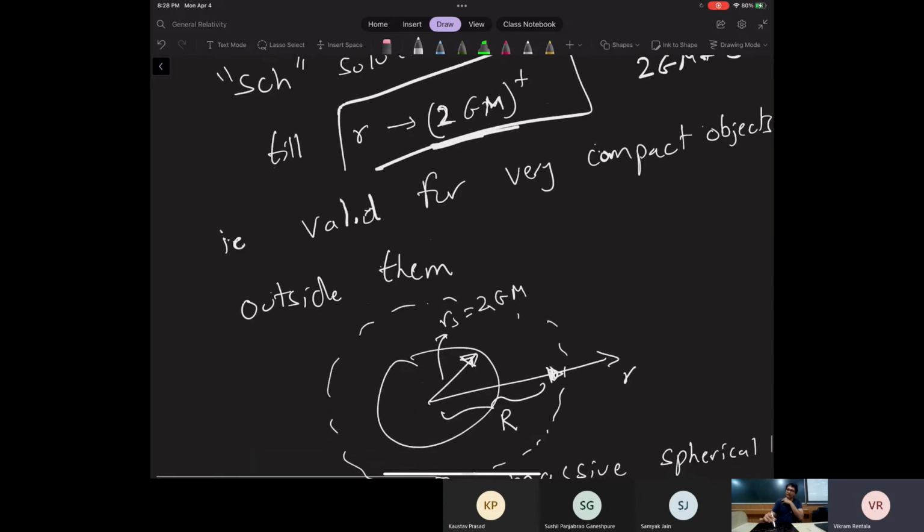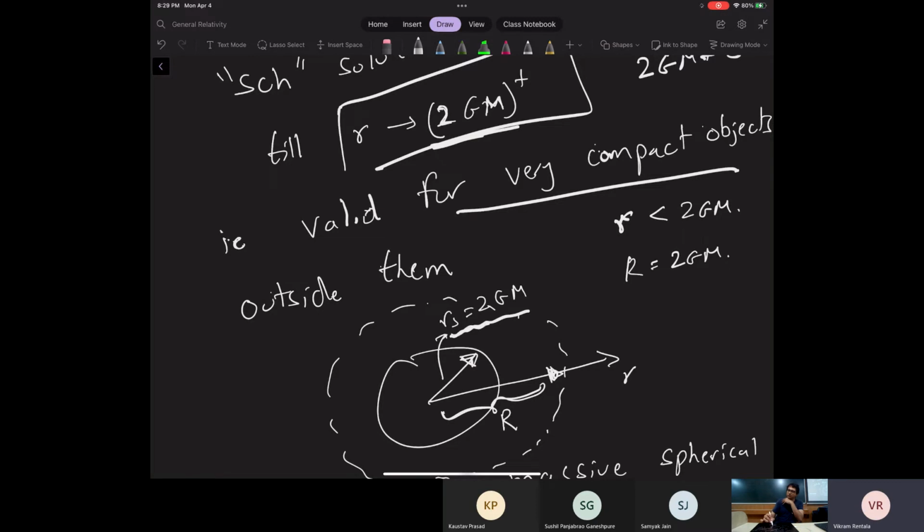What that means is, even if I have a very compact object like a black hole or a neutron star, which is compressed to a size less than 2GM, compressed within some capital R, and this capital R is greater than 2GM, and I'm looking at the metric at some point r greater than capital R, it doesn't have to be a weak field approximation anymore.